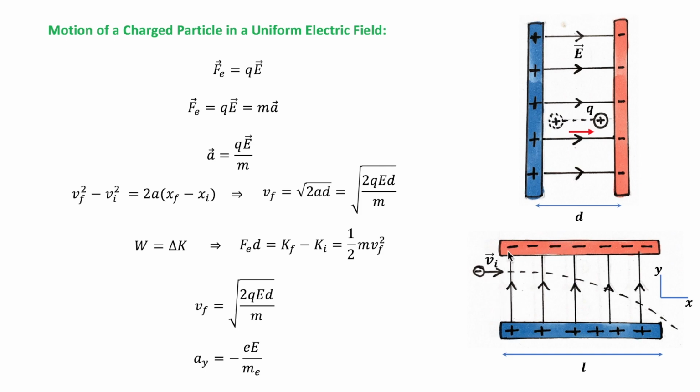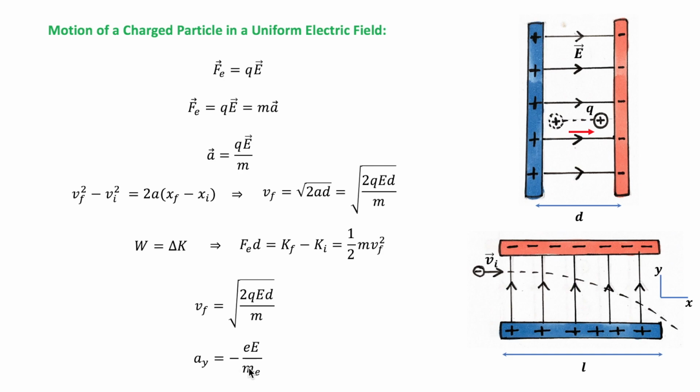Even though the field is in this direction, the force is opposite because it is a negative charge, as we said here. If it's a negative charge, the electric force is directed opposite to the field. And so the electron experiences a constant acceleration in the negative y direction given by this equation.